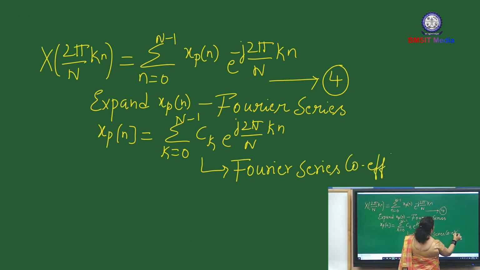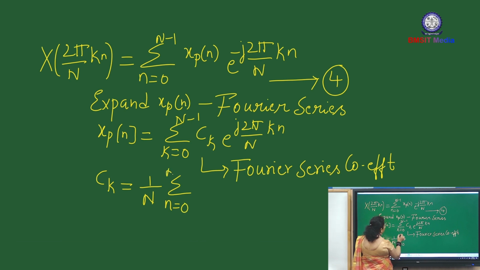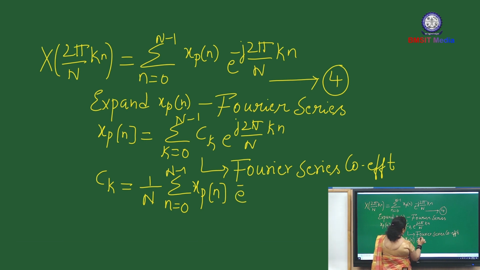Now I have to find out what this Fourier series coefficient is. Let me give that expression here. What is ck equal to? ck is equal to 1 over N summation of n varying from 0 to N minus 1 xp of n e raised to minus j 2 pi by N kn.